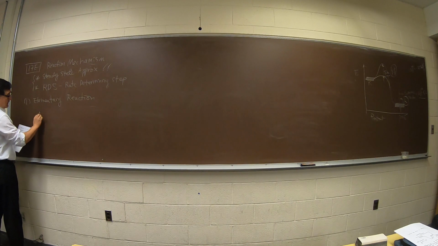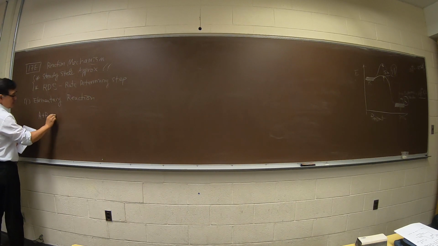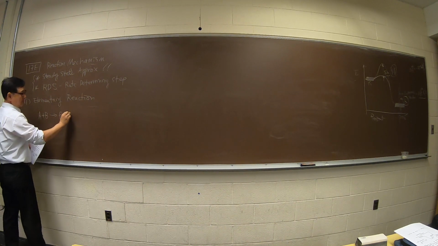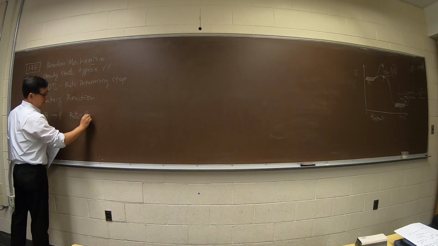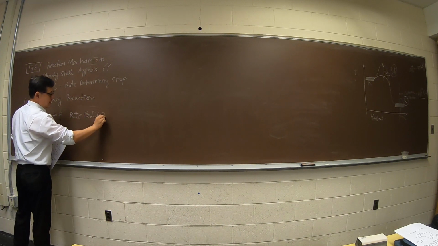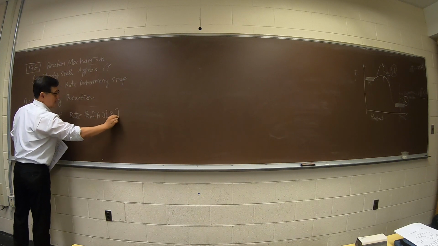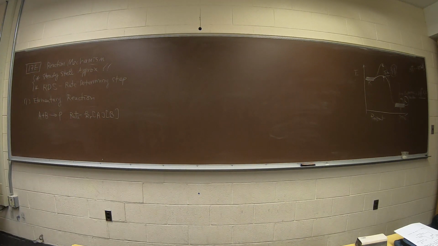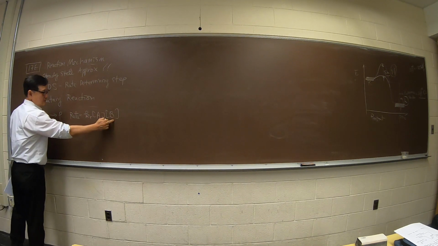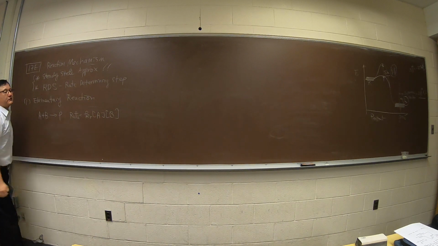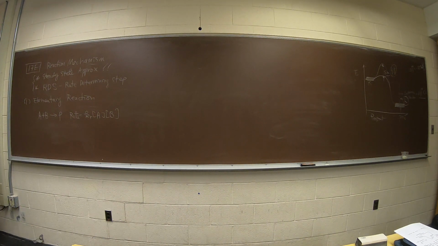So if it is A plus B goes to product, the reaction rate is k_r [A][B]. That means if A and B collide with each other, the concentration of each component matters to determine the rate, and this is the rate law that you can see.